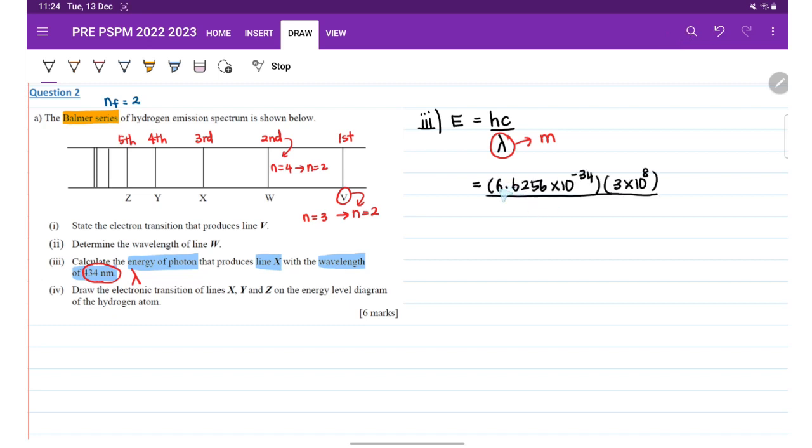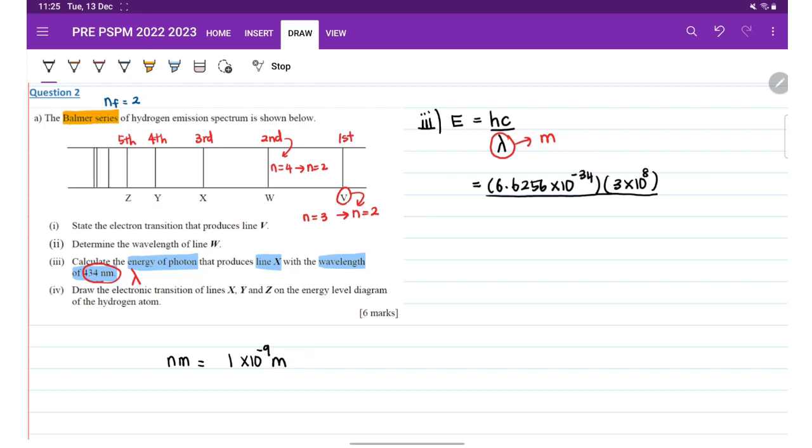Okay, jadi the values are... So, this is the value of the Planck constant, 6.6256 times 10 to the power of -34. C adalah speed of light, 3 times 10 to the power of 8. Dan untuk lambda, since kita nak dalam meter, so apa yang awak akan buat adalah, so this is nanometer. So, macam yang saya dah mention sebelum tadi, okay, nanometer adalah bersamaan dengan 1 times 10 to the power of -9 meter.